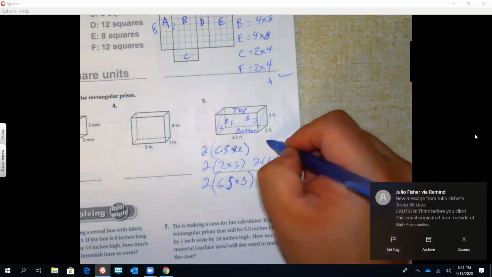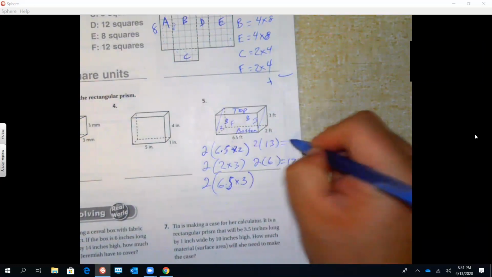So you should have got 13, times 2 is 26.